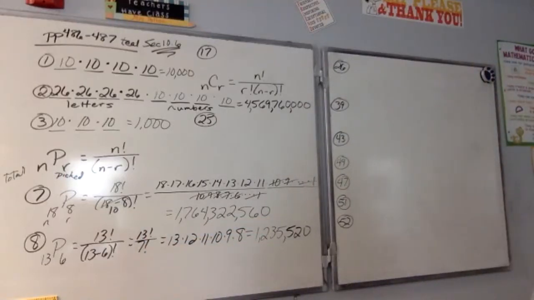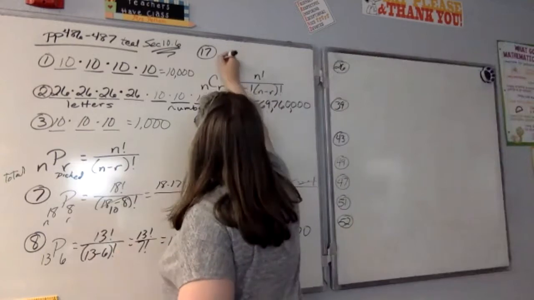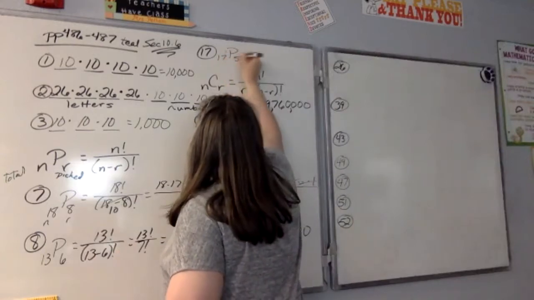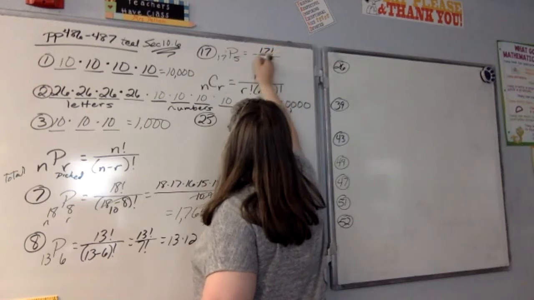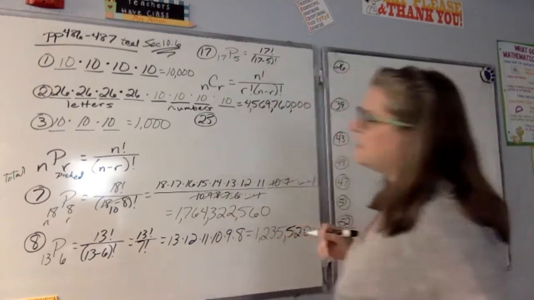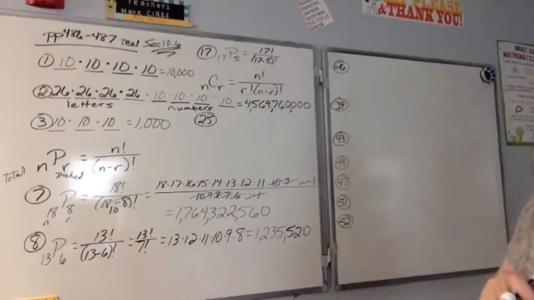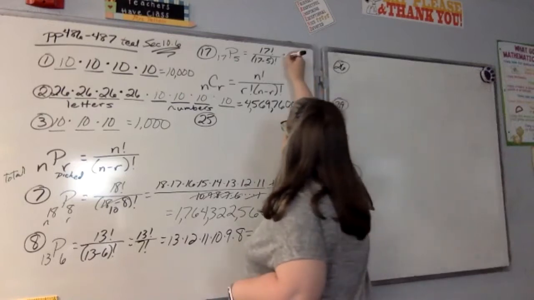So let's look at 17. 17 says 17 permutation 5. So it's 17 of them that I'm picking 5. Okay. So hopefully everybody knows 17 minus 5 is 12.